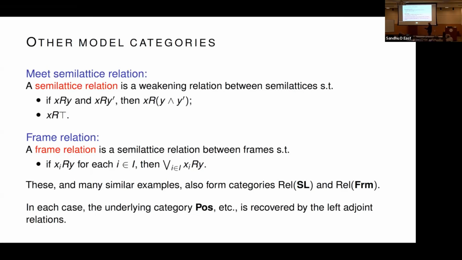For example, if I have the category consisting of meet semilattices and weakening relations that have this extra property, namely they respect the meet, but they only need to respect it on the right-hand side of the relation, because on the other side they're basically respecting it for free because they are meets. And frame relations have a similar structure, but they have to respect the arbitrary joins that are coming from the other side.